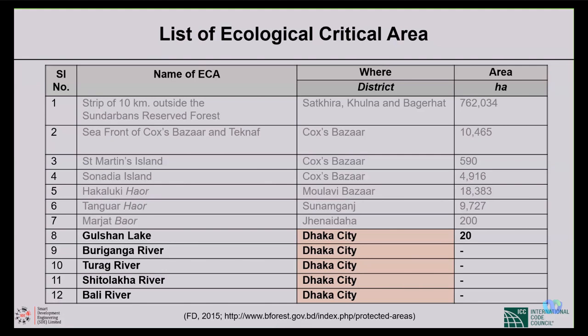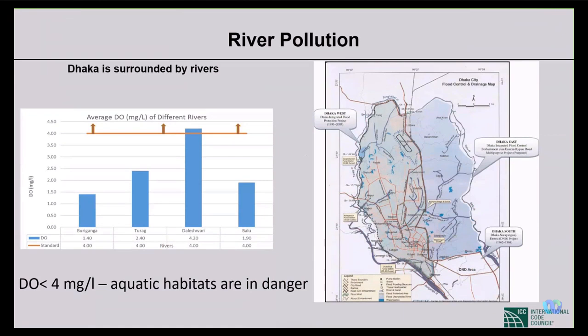Why is it in danger? I'm going to show you one example. There are many parameters under which aquatic life cannot survive. If there is no dissolved oxygen in the water, it will die. The standard for dissolved oxygen is 4 ppm.